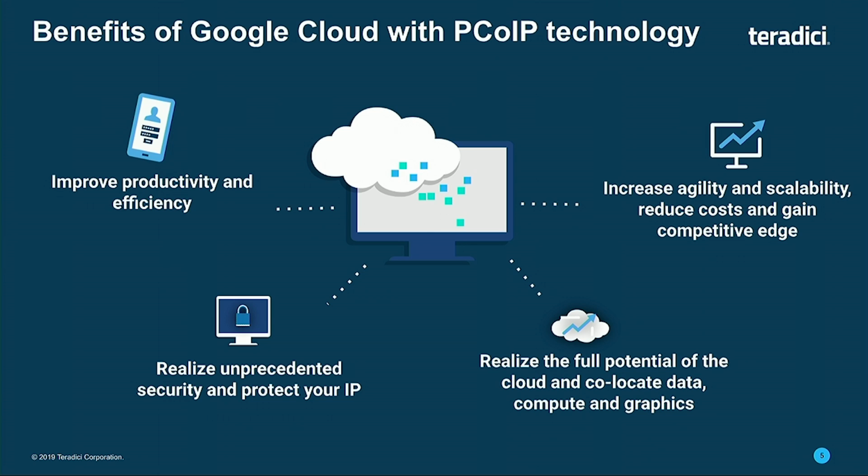deductions as well. Another one is that you can realize unprecedented security and protect your IP. So with our technology, when you remote your workstation somewhere else, firstly, again, you're not downloading the data. So it's not somewhere on a device that somebody is taking, traveling with, working from home with. Your data is somewhere safe in the cloud or the data center.